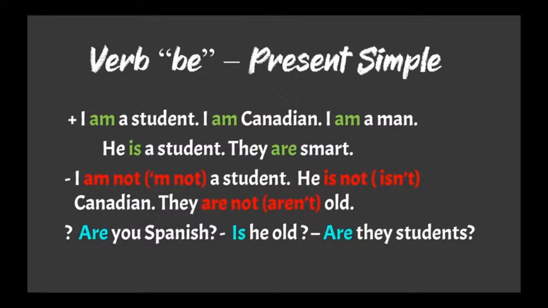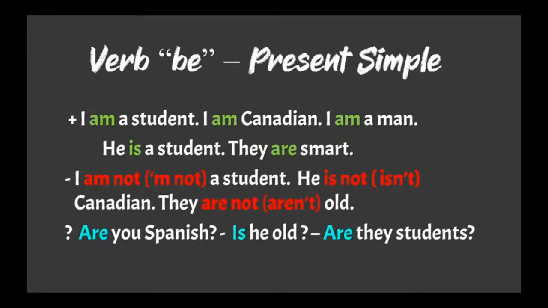I am Canadian. I am a man. For the third person singular here, there is no change because the verb to be acts by itself. So you don't need anything else. You don't need another verb. He is a student. They are smart.